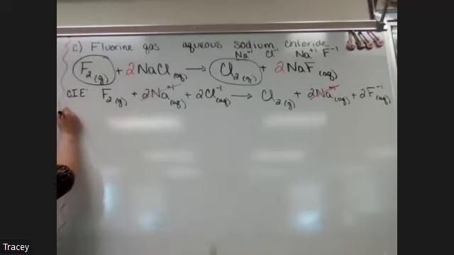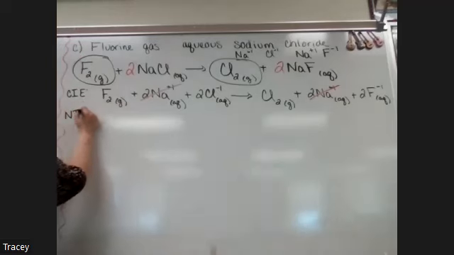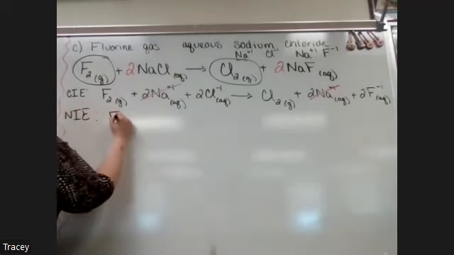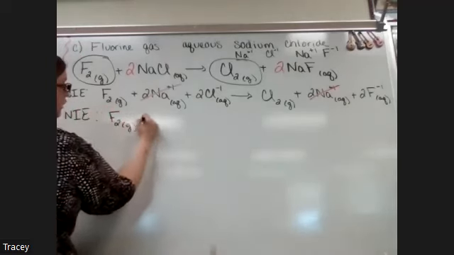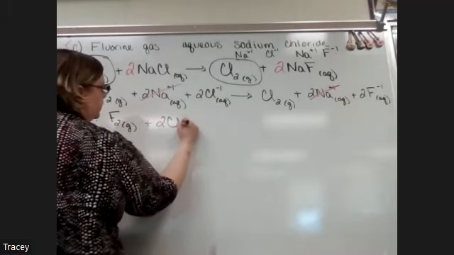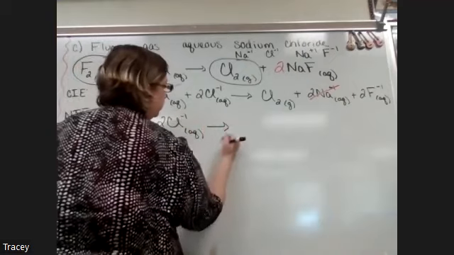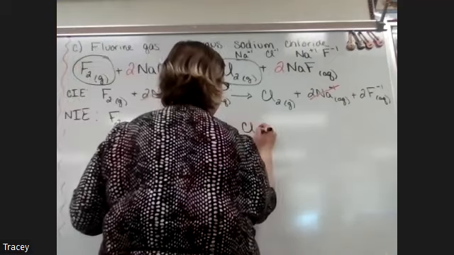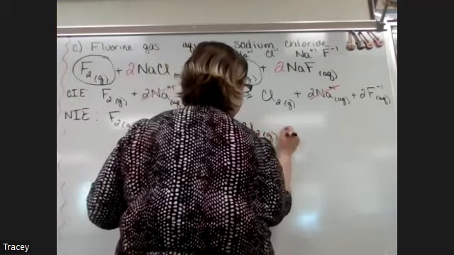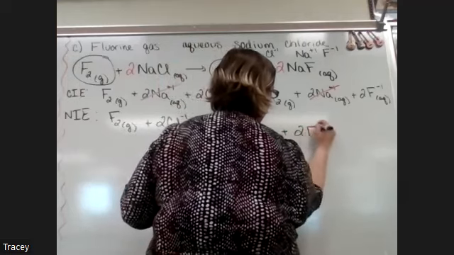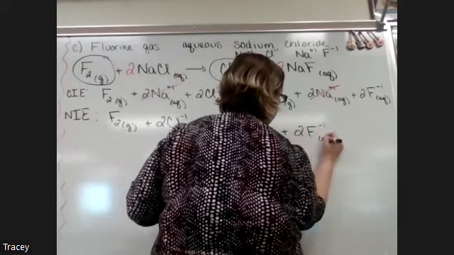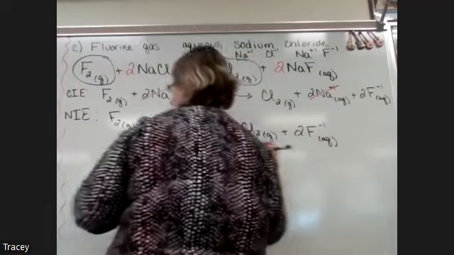So then the net ionic equation is F2 gas plus 2 Cl -1 ions aqueous, yielding Cl2 gas plus 2 F minus 1 ions aqueous.